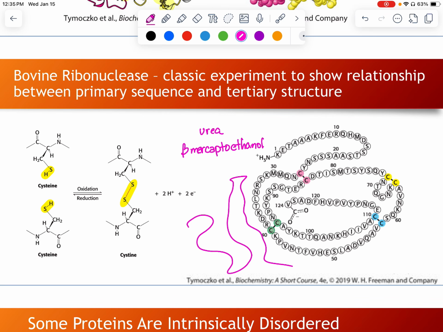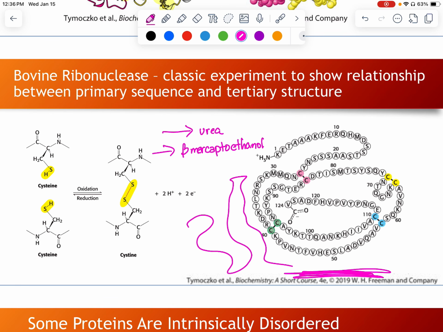When it's denatured, they found, no surprise, the protein no longer serves its function. It's not working as this enzyme when it's denatured. So the experiment was: if we take this back to its physiological conditions, get rid of the urea, get rid of the beta-mercaptoethanol, and make sure it's at the appropriate pH, will the protein become functional again?